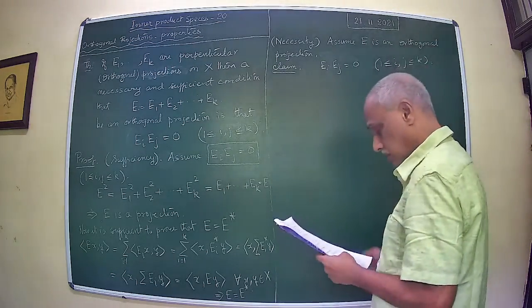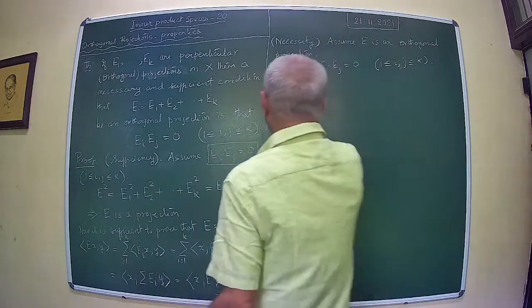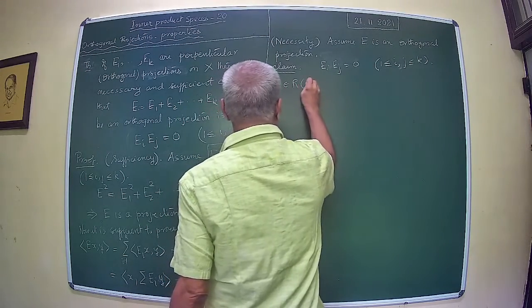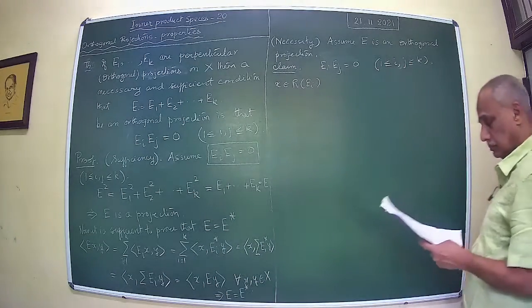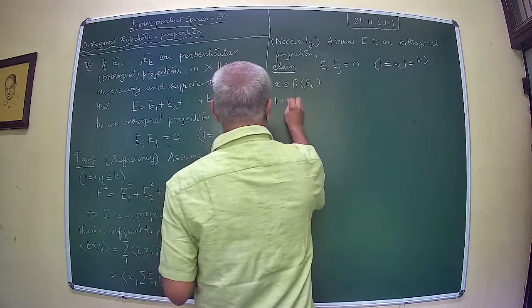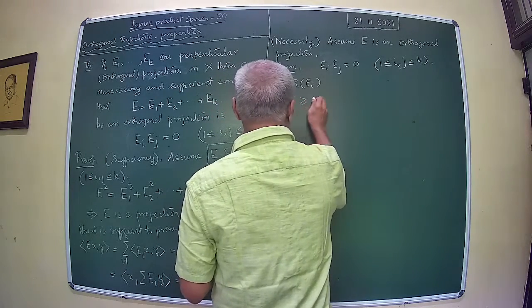Okay, so suppose you take an x belonging to range of Ei for some i lying between 1 and k. Then we have norm of x whole square is greater than or equal to norm of Ex square.